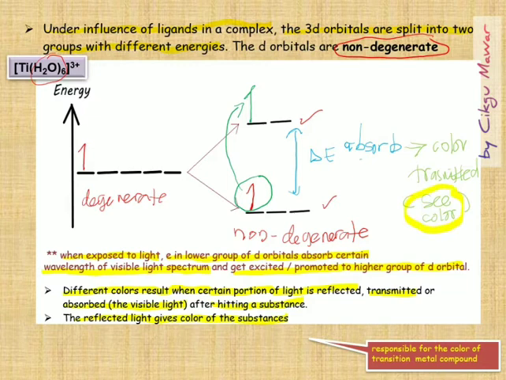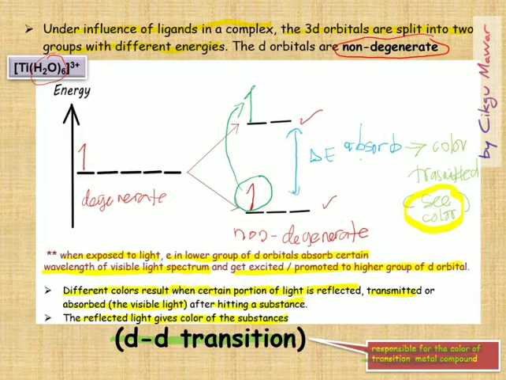So this is what we call a d-d transition. This d-d transition is responsible for the color of transition metal compounds.